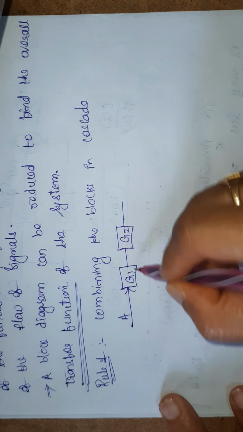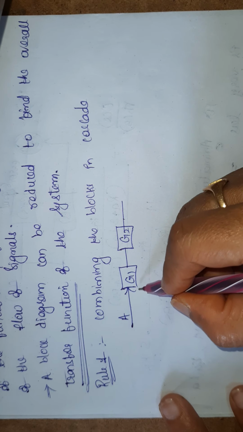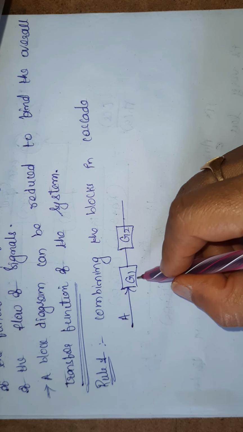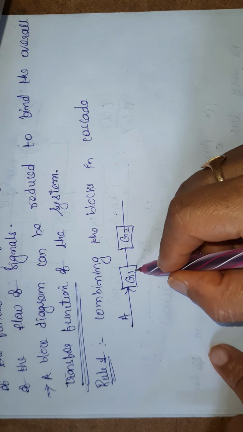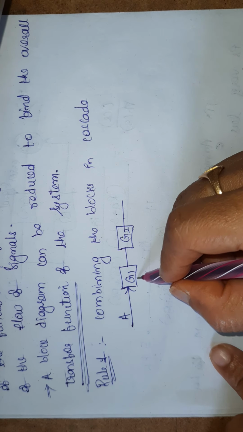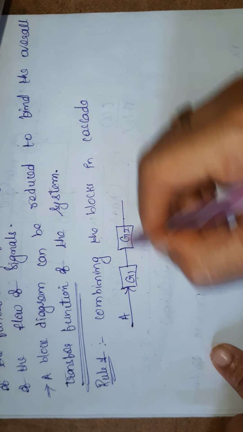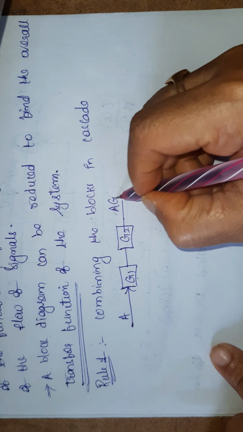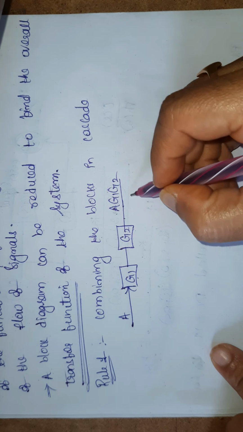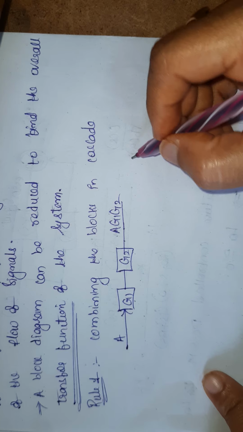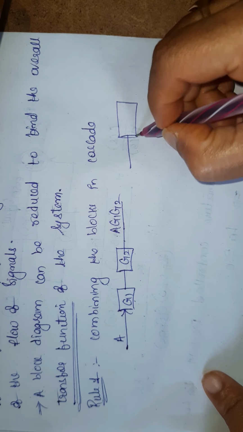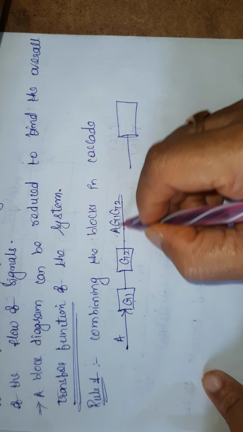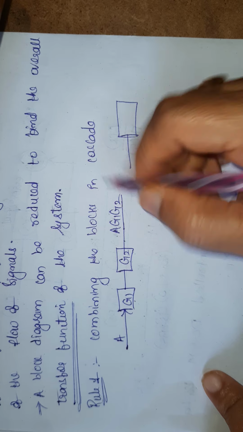Input is A. What is the output? Simply we have to multiply the forward blocks, that is G1 and G2. So input is A, and the output is A into G1 into G2.